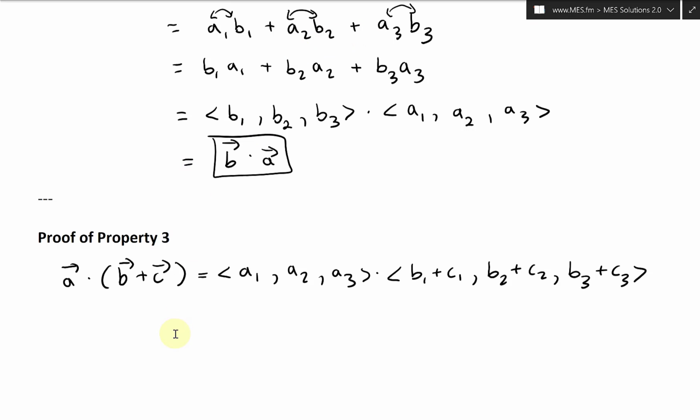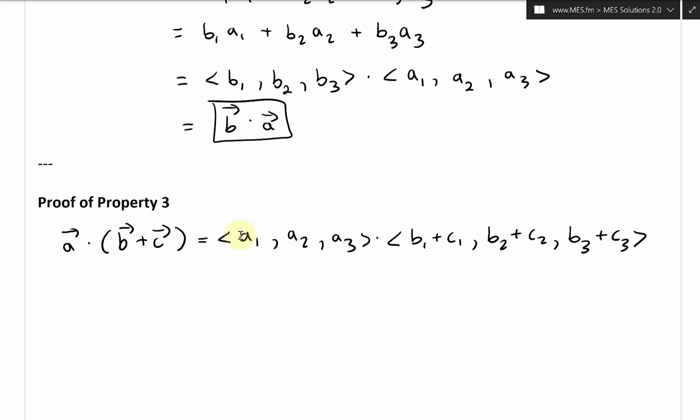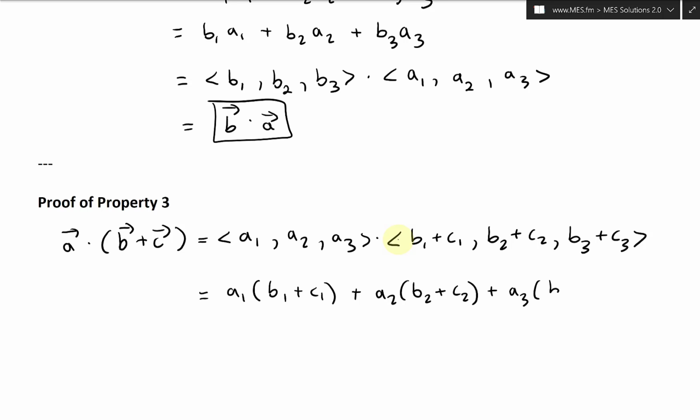Now we can apply the definition of the dot product: multiply each component and add it all up. So this equals A1 times (B1 plus C1), plus A2 times (B2 plus C2), plus A3 times (B3 plus C3). So that's what we have.